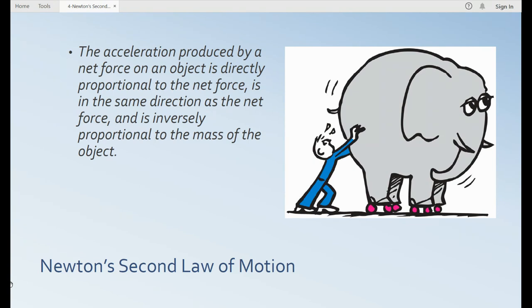And as we saw last week when we were doing some problems with our vectors and our net forces going in different directions, the acceleration is going to be in the same direction as our net force, and inversely proportional to the mass of the object. So the heavier or more mass our elephant has here, the less acceleration we're going to get when we try to push him.